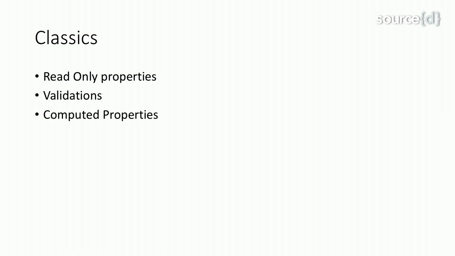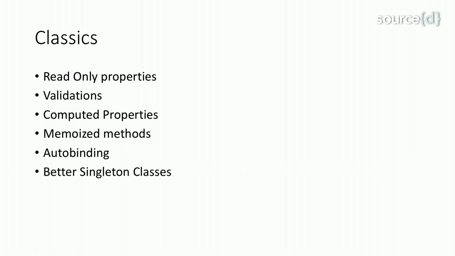Or define the dependencies in computed properties, or define a method as a memoized method, auto-binding, do better singleton classes, convert a property to getters and setters. I have an example in my code that's called Javify. You get a property, and you instead remove that property and get only the get property and set property. It's pretty cool if you're that kind of person.